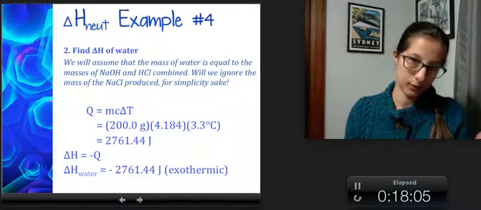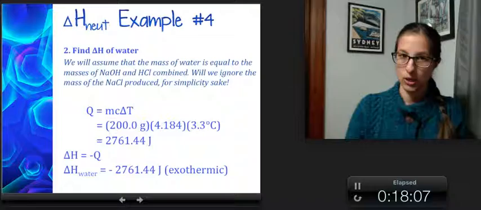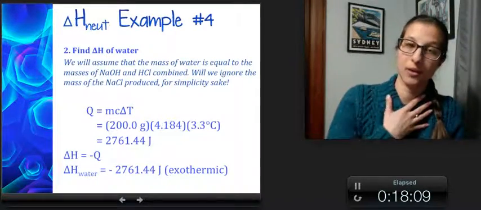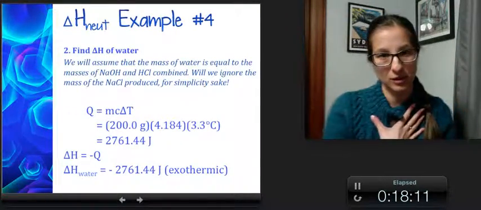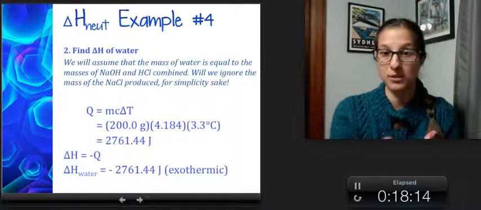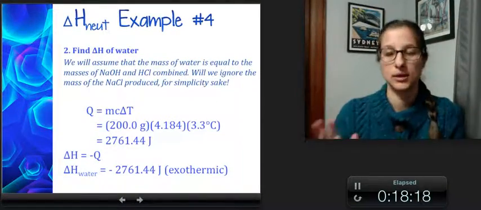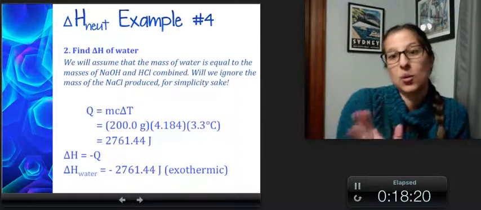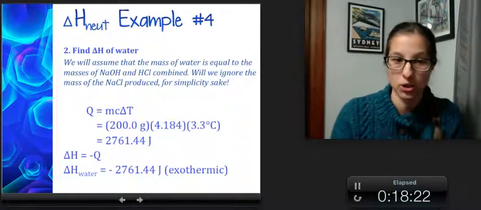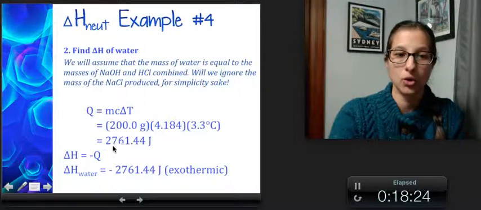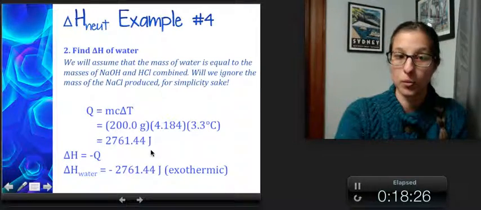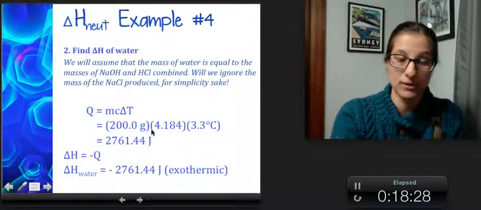The density of water allows us to go between grams and milliliters. So we get 200 grams. We're using the specific heat capacity of water because we're assuming that the hydrochloric acid is quite dilute. It wasn't highly concentrated. And so that gives us our joules. Remember, we end up with joules, not kilojoules, at this stage.